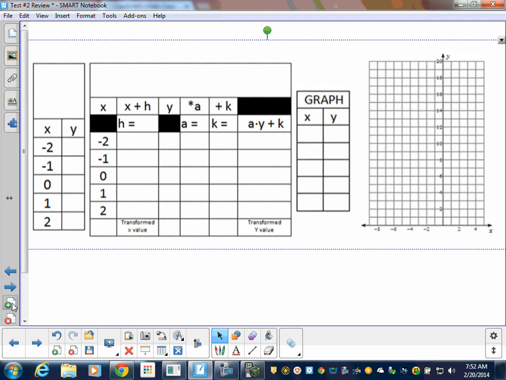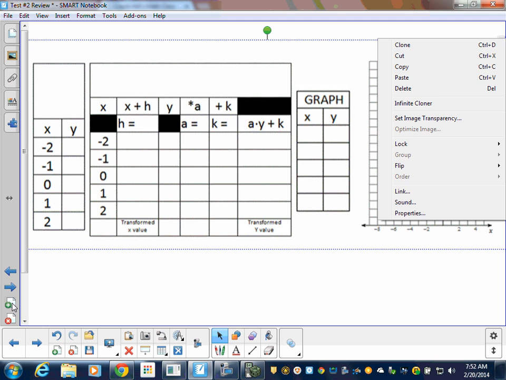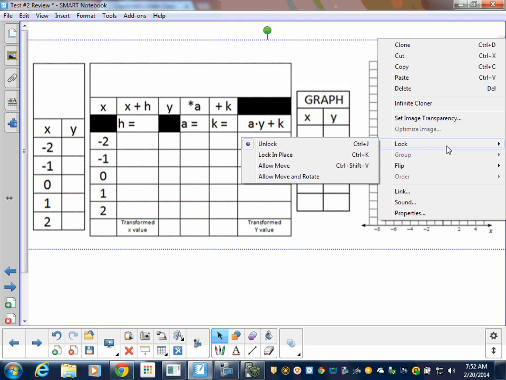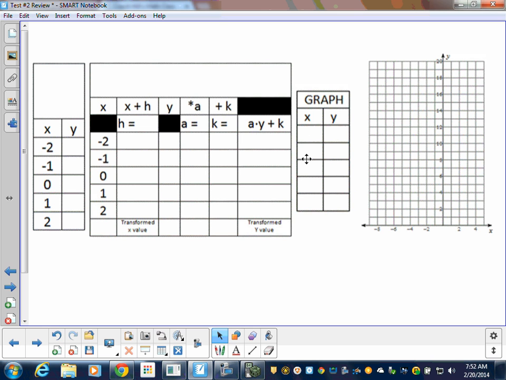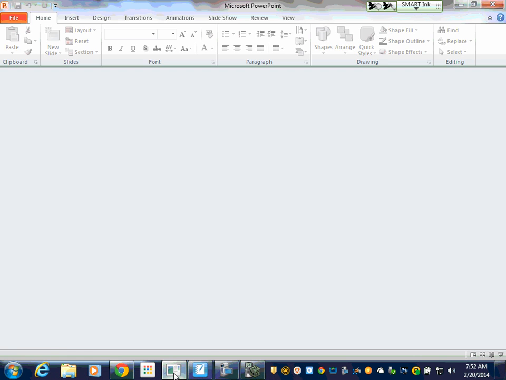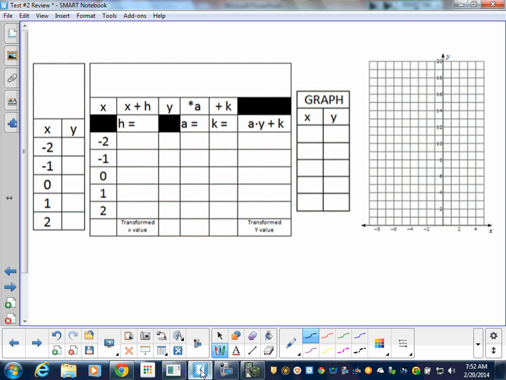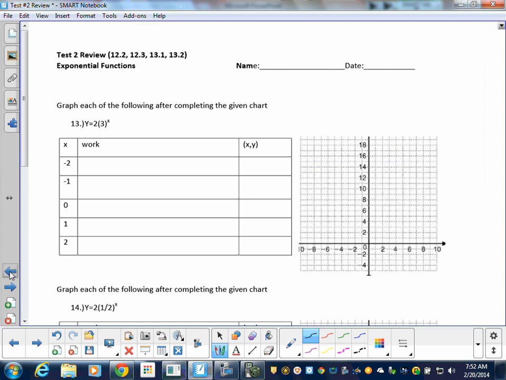Okay, so here's the way you use this table. The equation, guys, is y equals 2 times 3 to the x. On the page that I had, it was a little table like this.